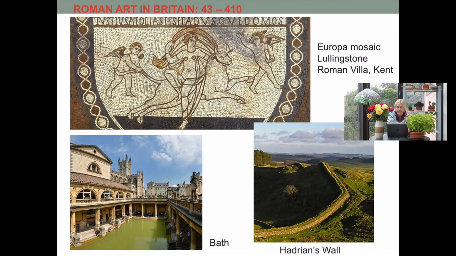So if we look at the history of art in Britain, usually we start with the Romans. So Roman art in Britain, you can see the dates here. And what is interesting is that, of course, there was human settlement for centuries and perhaps even millennia before the Romans made a large part of Great Britain their colony called Britannia.